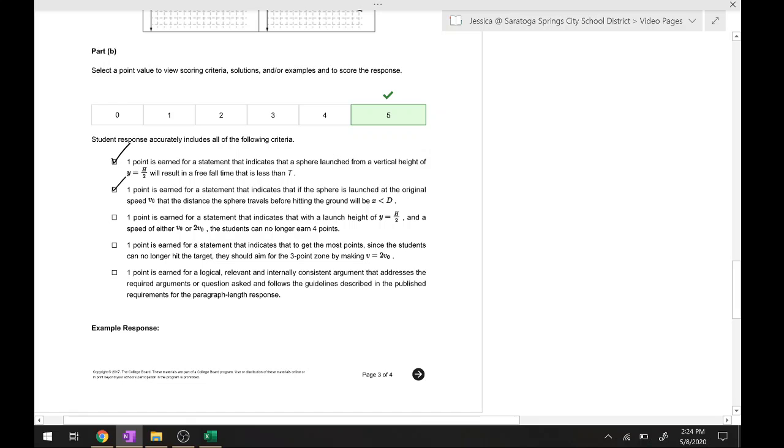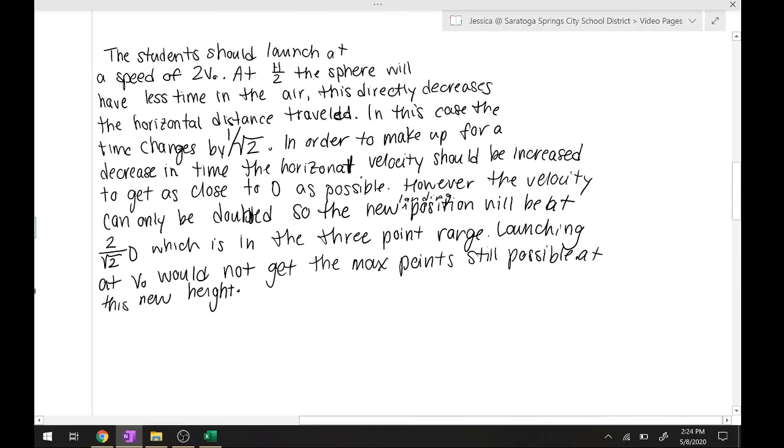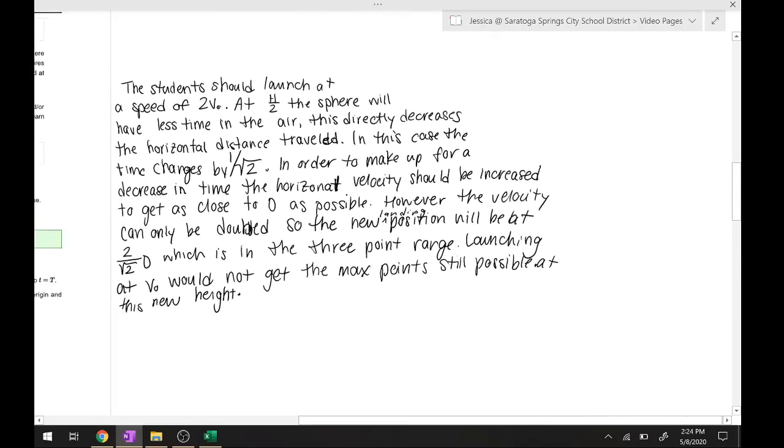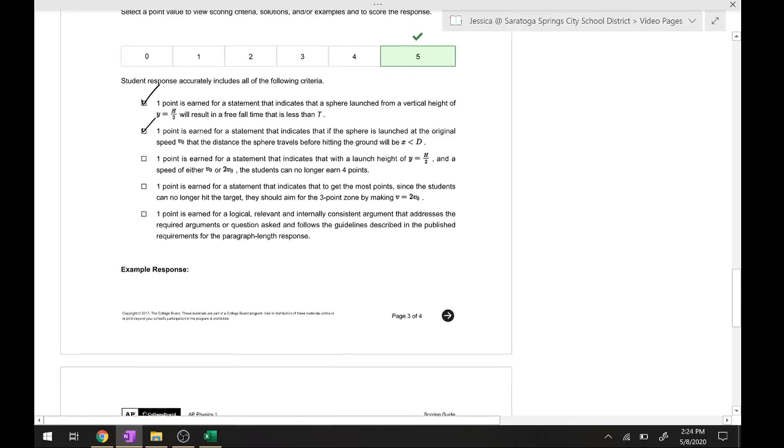So I'm going to give myself that point. 1 point is earned for a statement that indicates that with a launch height of h/2 and a speed of either v or 2v0, the student can no longer earn 4 points. I mean, I said that they get in the 3-point range. So I'm not sure if I would get that point.